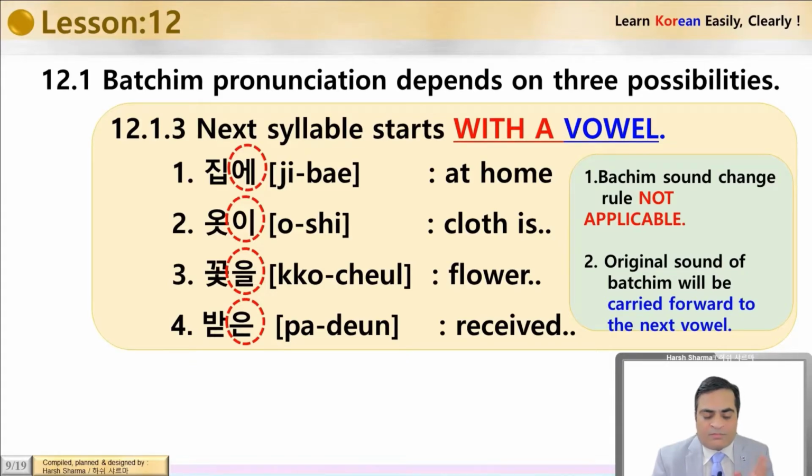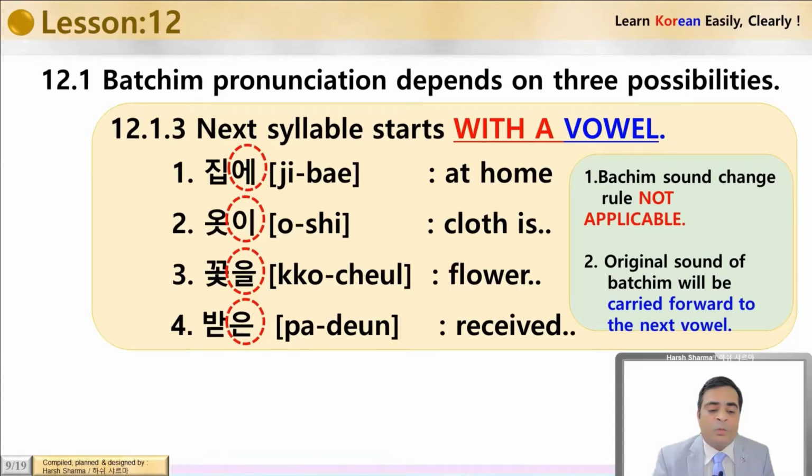Clear? So first will be pronounced as chibe. Number two will not be pronounced as oti, because sa is at the Batchim, so sa is pronounced as ta at the Batchim. You are correct. But when it is followed by a vowel, the original sound of sa will be carried forward.